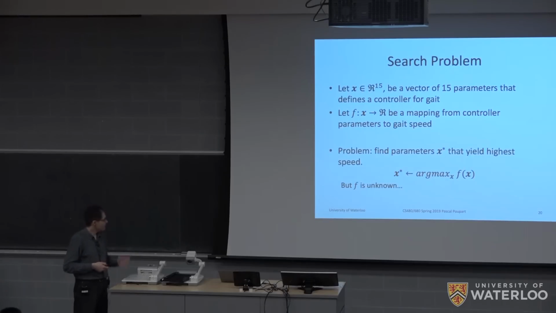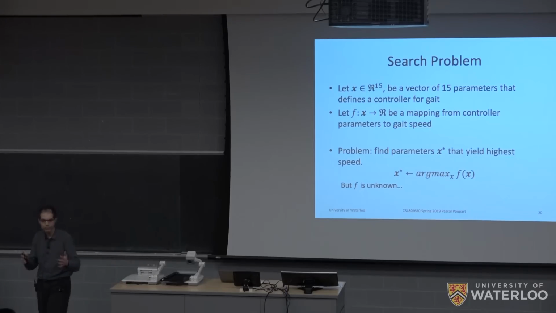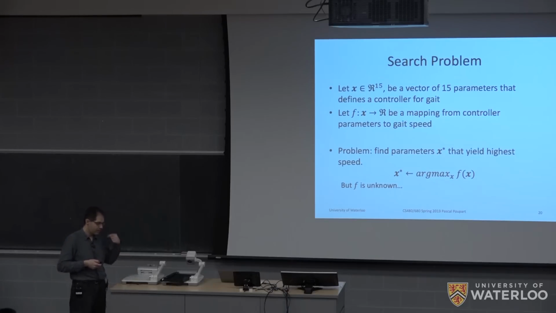Okay, so in this problem, there are 15 parameters that determine the gait of a robotic dog. And then setting those 15 parameters will influence, again, the speed or even the ability to walk. So now the question is, can we find the best setting?